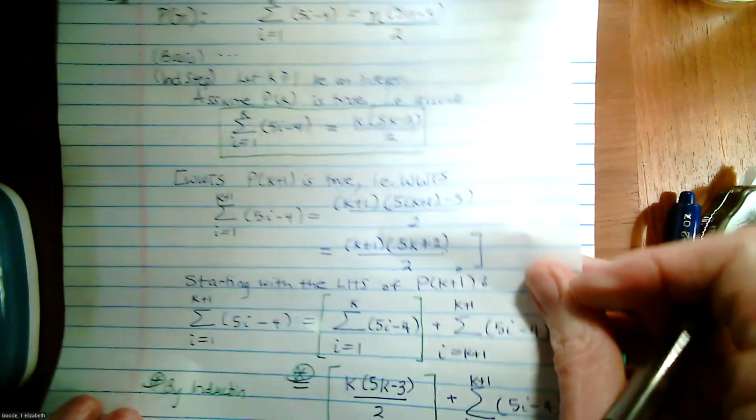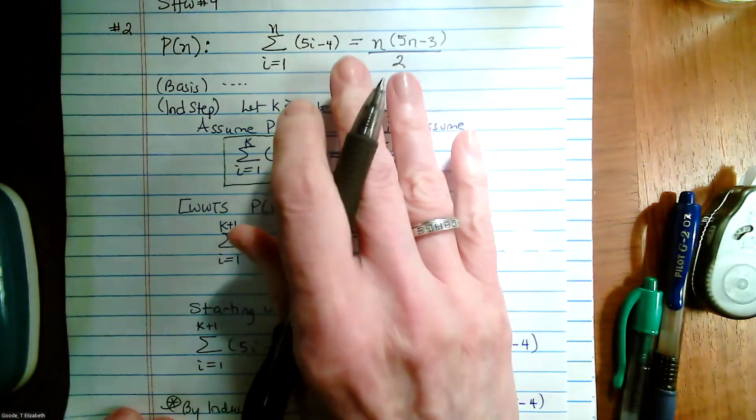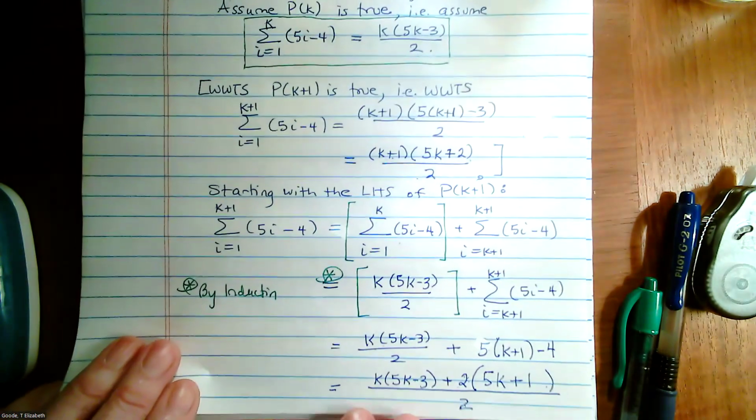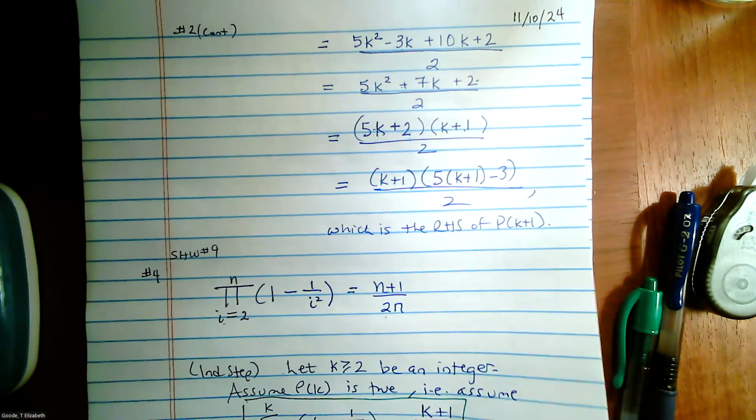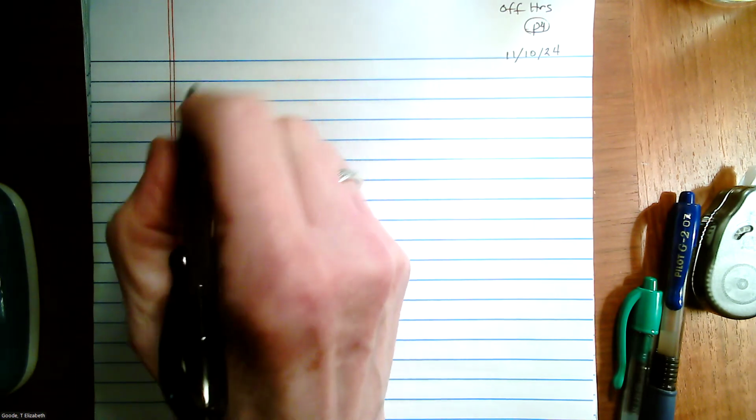We went through the algebra on pages 1 and 2, and these will be posted right afterwards. Okay, can we work on number 3? Did you need help with number 1, or are you okay with number 1? I kind of need help with that one.